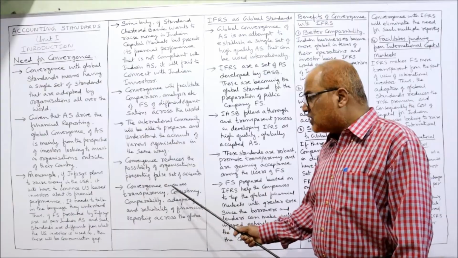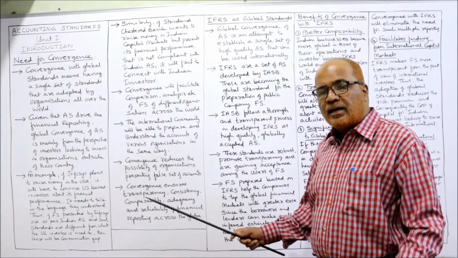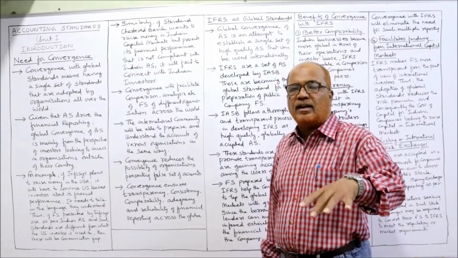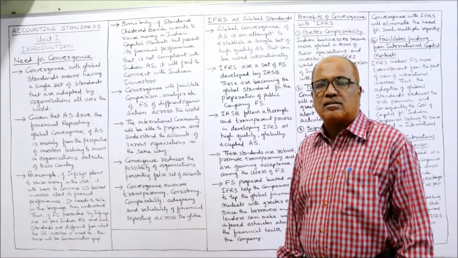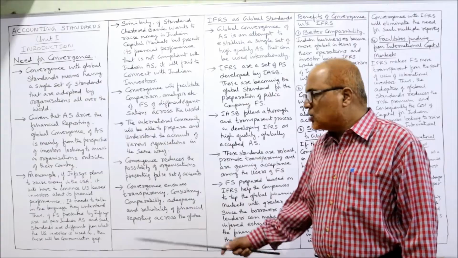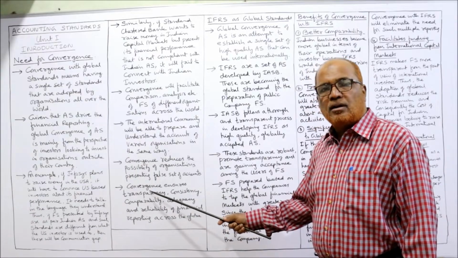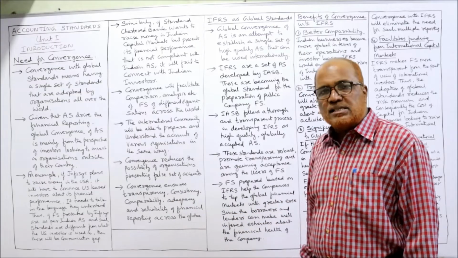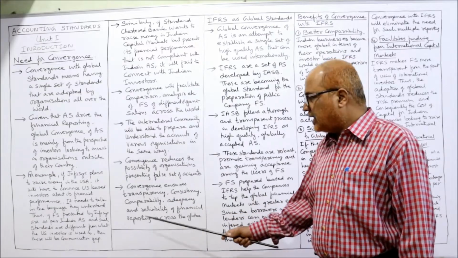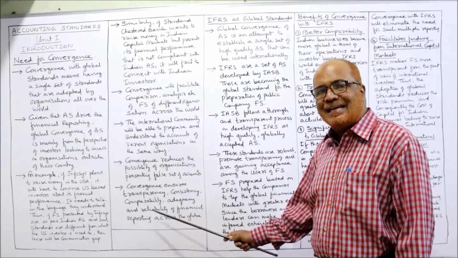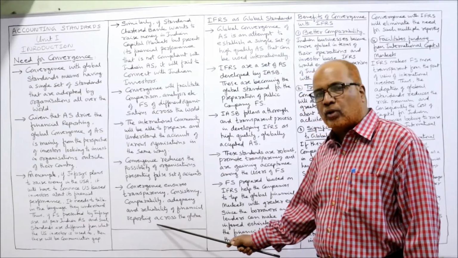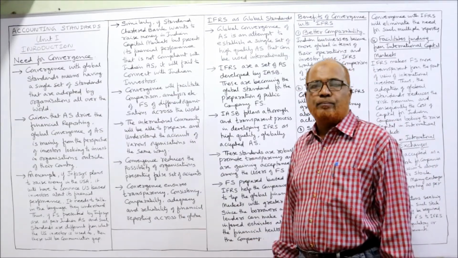Last one, convergence ensures more. By convergence of Indian accounting standards with IFRS, what will happen? The accounts will be more transparent. Transparency will be there. Consistency will be there. Then next one, comparability, adequacy and reliability of financial reporting across the globe.